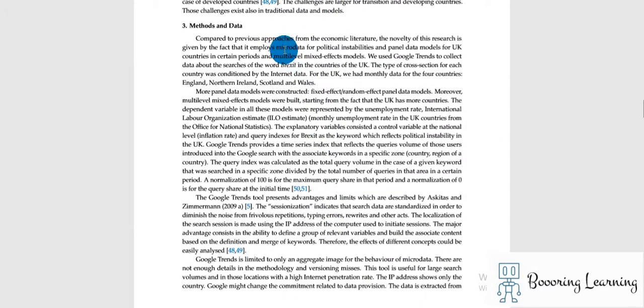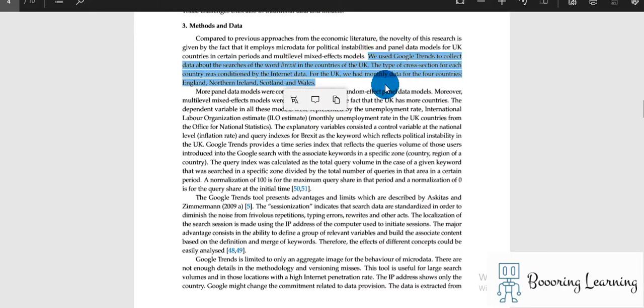Compared to the previous approaches from the economic literature, the novelty of this research is given by the fact that, so this is also mentioned in the summary part, we used Google Trends to collect the data about the search of the keyword Brexit in the countries of the UK. The type of cross-section for each country was conditioned by the internet data.